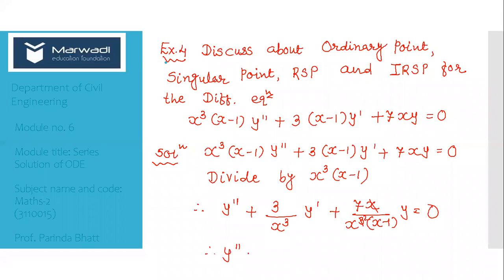Therefore, finally we get y double dash plus 3 by x cubed y dash plus 7 by (x minus 1) y equals 0. Did everyone get this equation? Then please raise your hand. Quickly raise your hand.